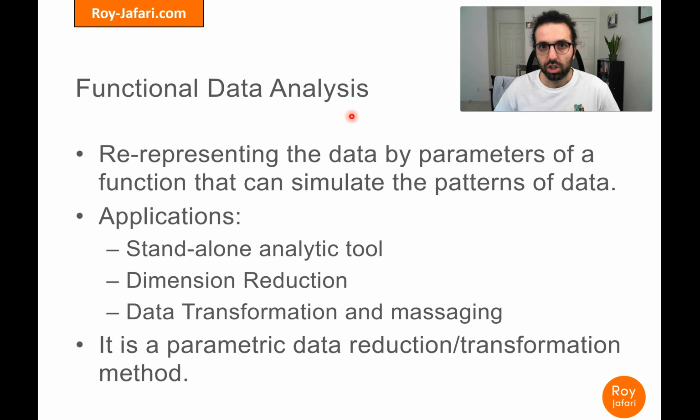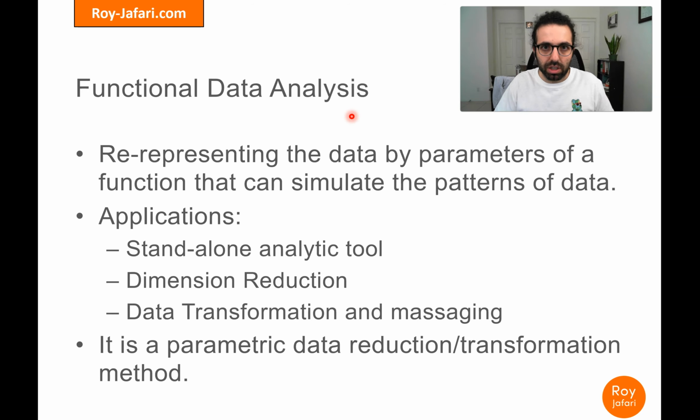Basically, functional data analysis is re-representing the data for different purposes. So we are not talking about the purpose. Here the purpose is dimension reduction, but we re-represent the data by the parameters of a function that can simulate what the data look like or what the data shows, and capture the patterns and the trends in the data.